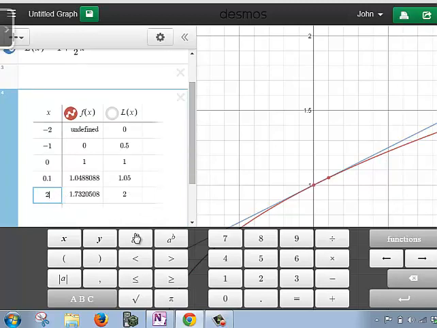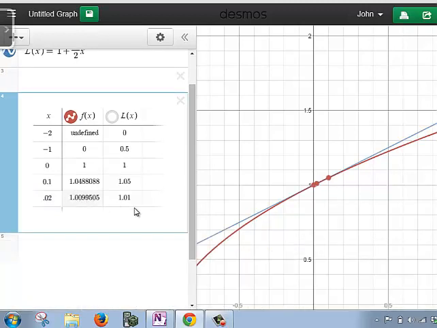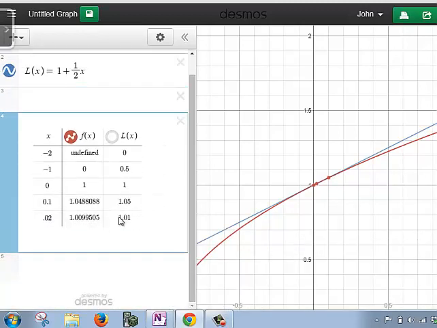I'm just estimating that off the top of my head. Hopefully I'm not making too bad of an estimation. And here let me click on the right values at 0.02. You can see at 0.02, the actual value is 1.00995, and the approximate value is 1.00995.